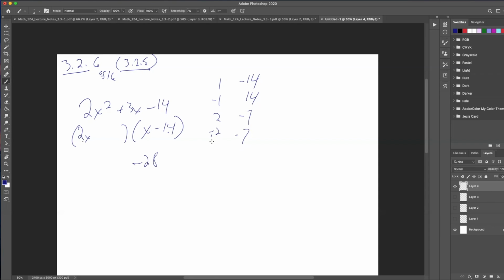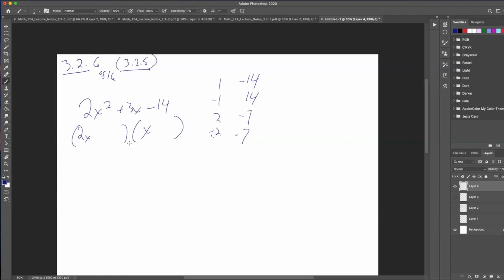So that definitely is not the answer, right? If I put in a minus 14 here, I'll get minus 14 plus 1, so that's still going to be negative. And if I have a 1 here, I'm going to be way too positive. So I'm guessing it's either 2, negative 7, or negative 2, 7.